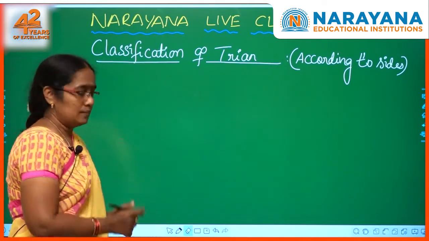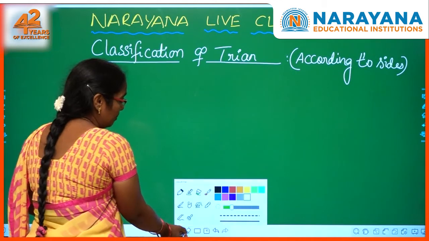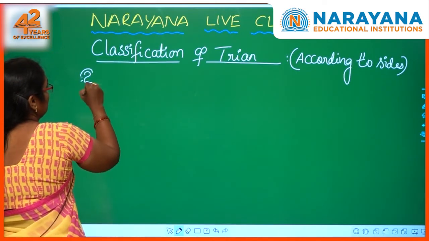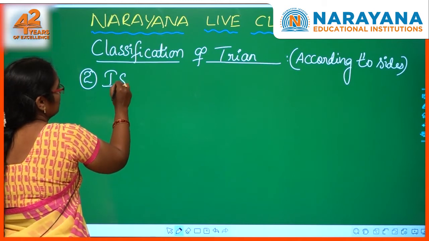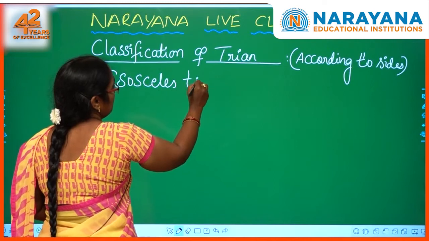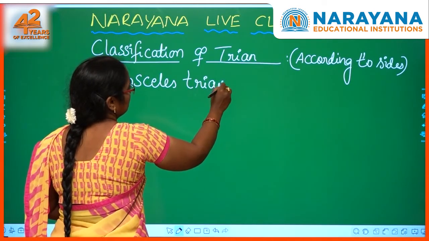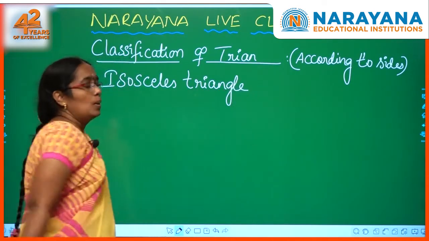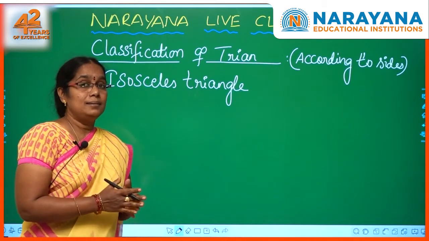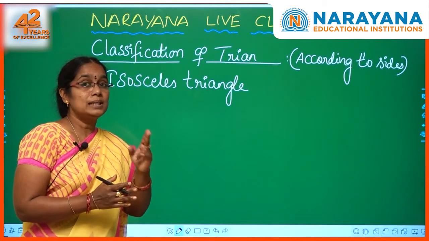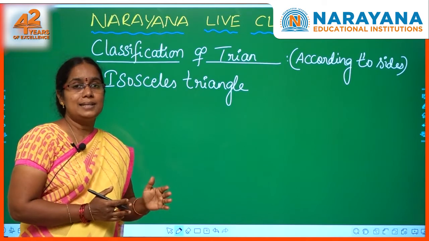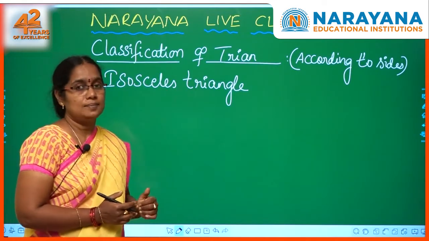Coming to the second one. The second type is isosceles triangle. What does it mean? Isosceles triangle means in a triangle if two sides are equal, then it is called isosceles triangle.